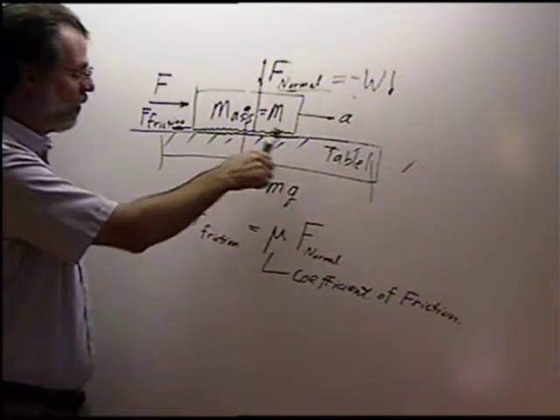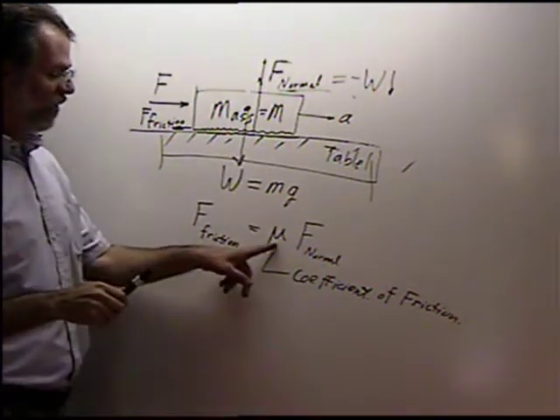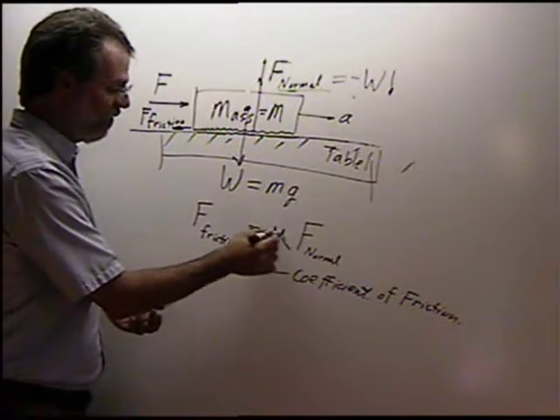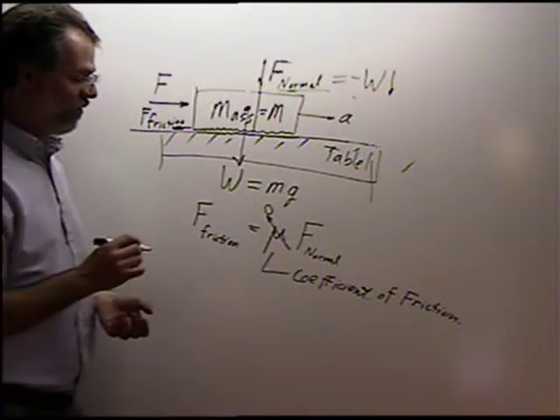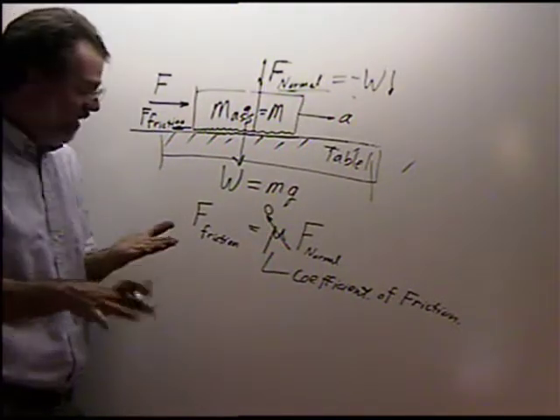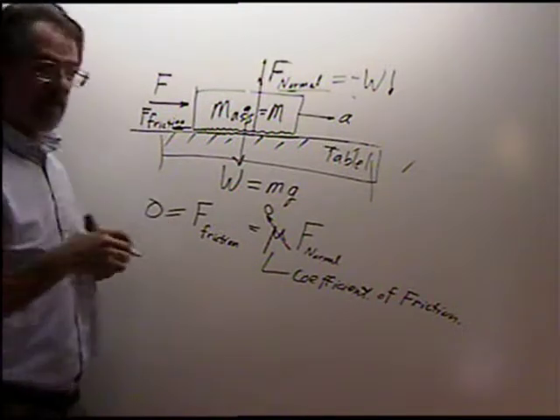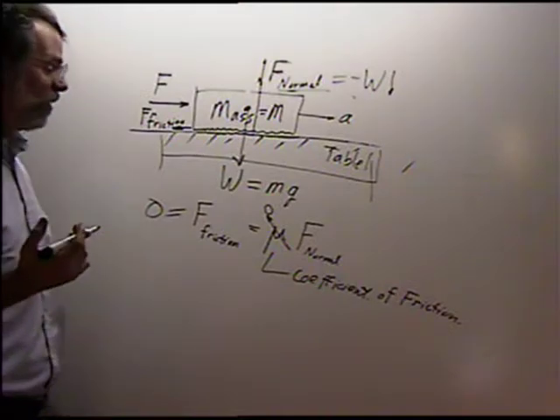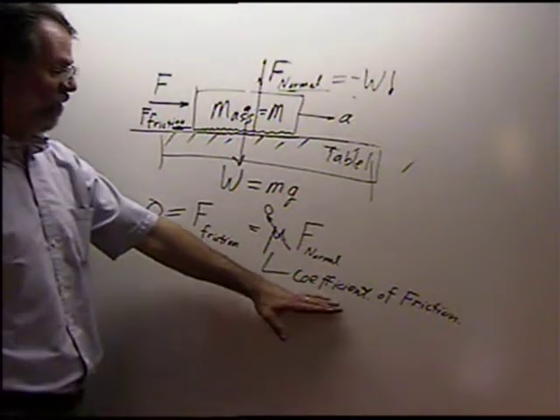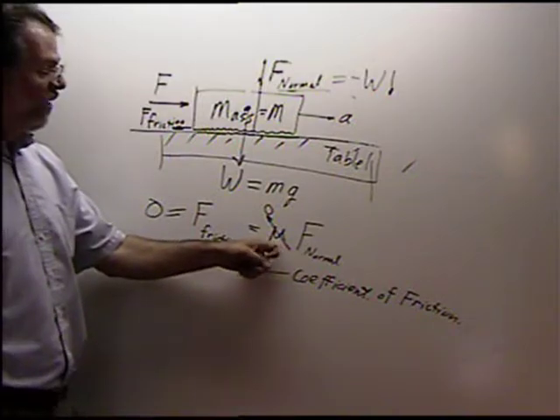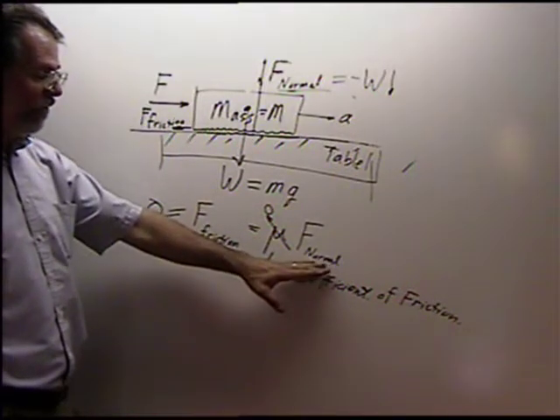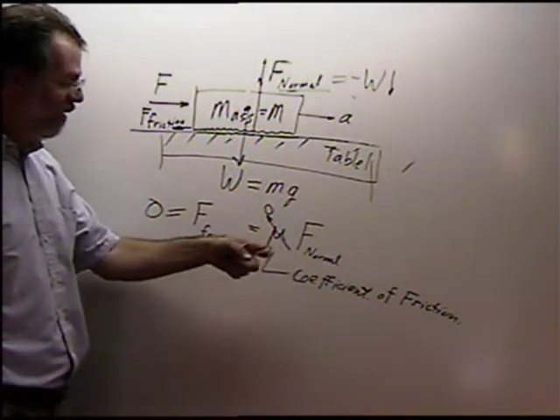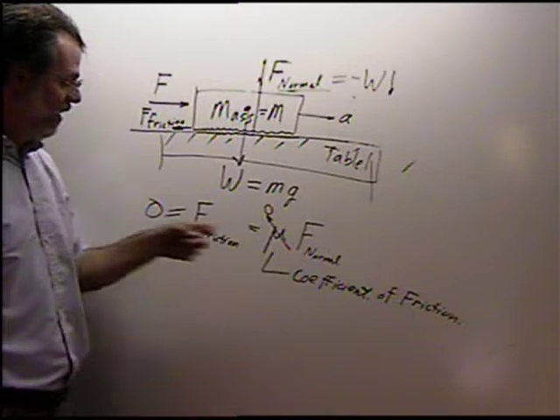If we have a real smooth surface, this coefficient of friction becomes quite small. In fact, notice that if this number gets exactly equal to 0, then the friction force is 0. That would be a frictionless surface. So a frictionless surface is defined where the coefficient of friction is equal to 0. Notice, in this case, the normal force may be very large. It doesn't really matter because it's multiplied by this coefficient of friction, which is 0, giving you a friction of 0.